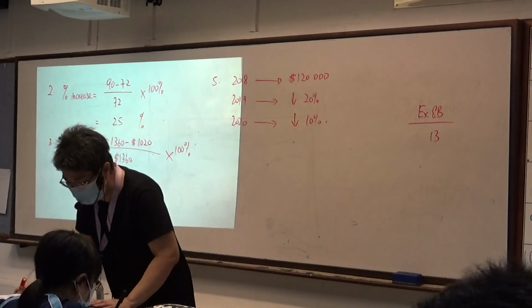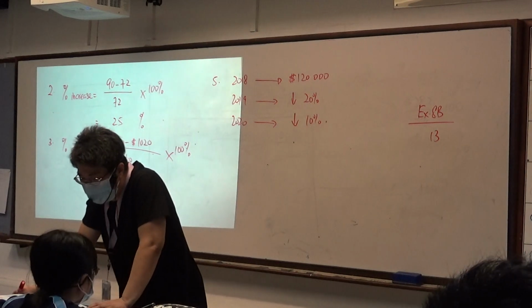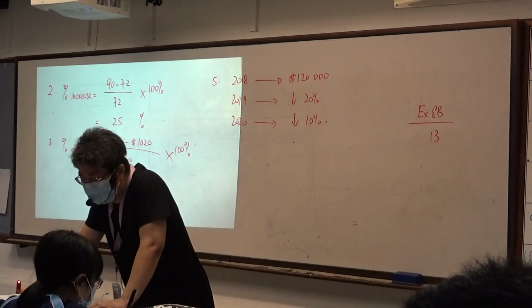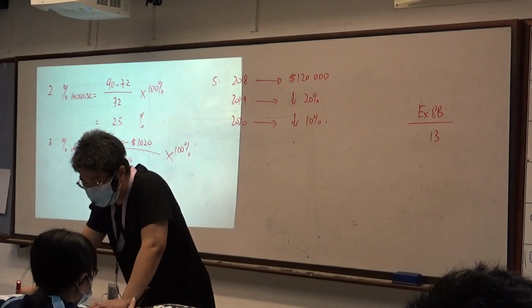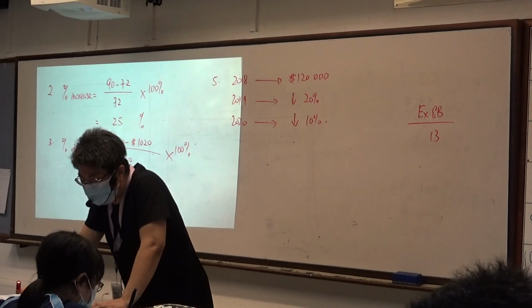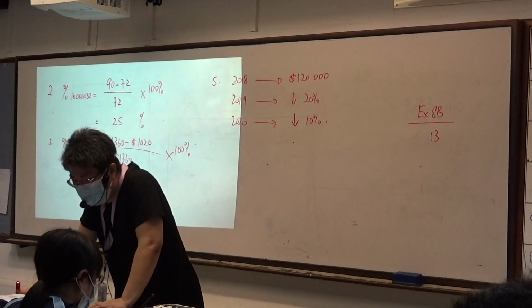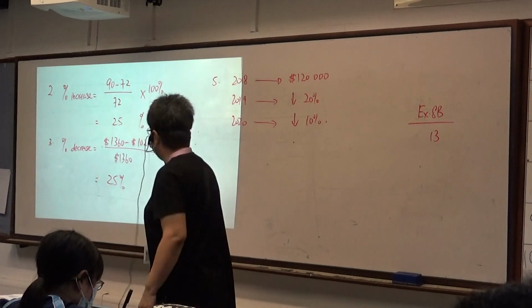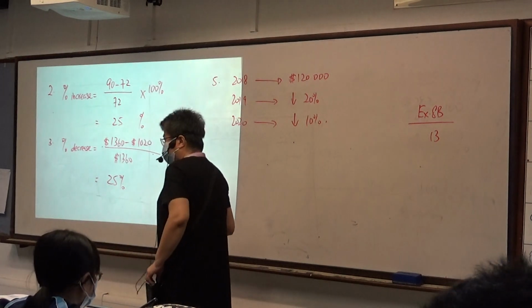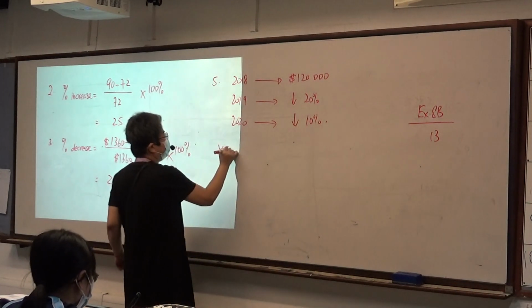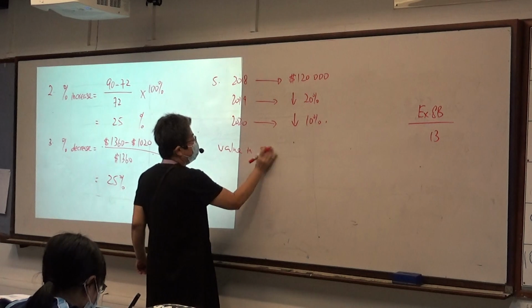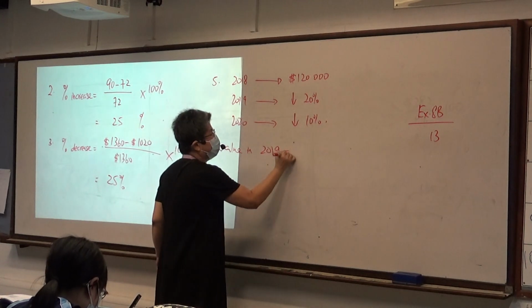Okay, let's take a look at the question here. The car was bought in 2018 for 120,000. In 2019, its value decreased by 20%. In 2020, its value decreased by 10% of its value in 2019. Find the value of the car at the end of 2020. Okay. First of all, value in 2019.